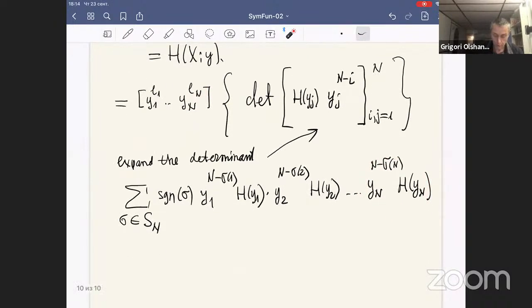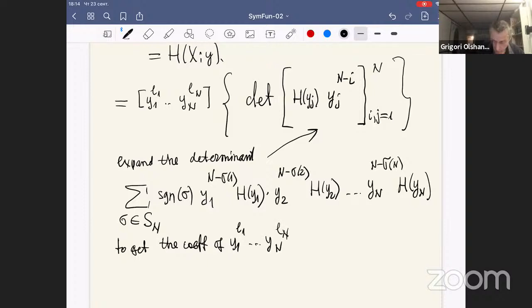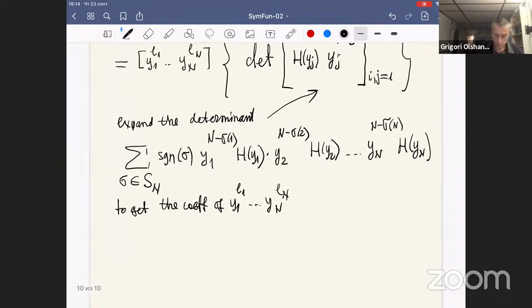And to get the coefficient of our monomial, we obtain the sum over n.